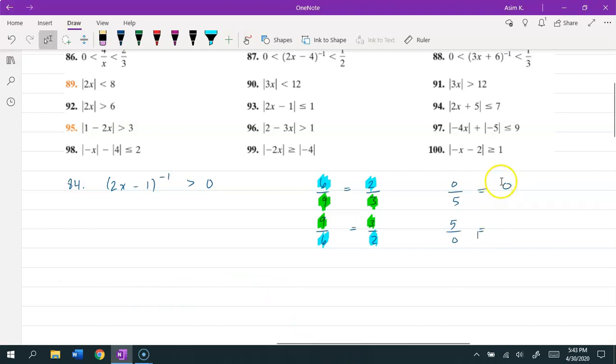Most people don't know the answer to this. This actually becomes any number divided by 0, and if you want to put the number 1, you could say 1 divided by 0. But what do you recall from the lesson on rational expressions and finding domains? This right here is undefined. It's actually undefined.